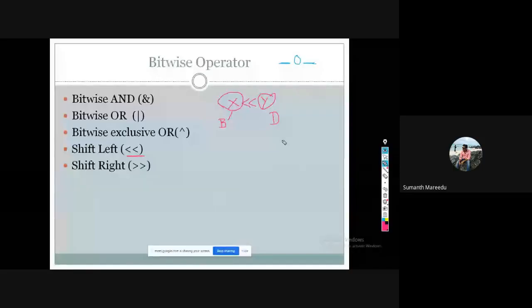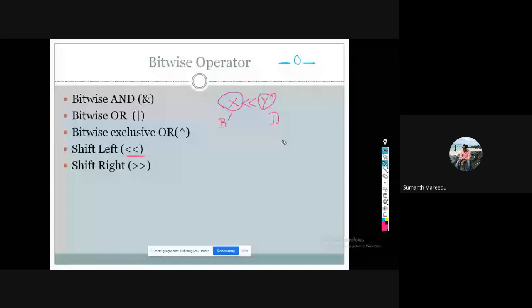So in both left shift and right shift, the first operand value is converted into binary representation, and the second operand value is considered a decimal value.